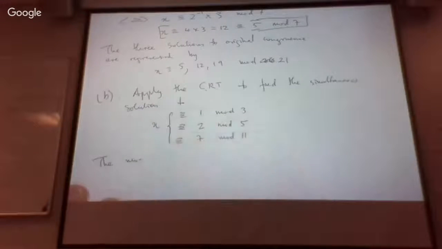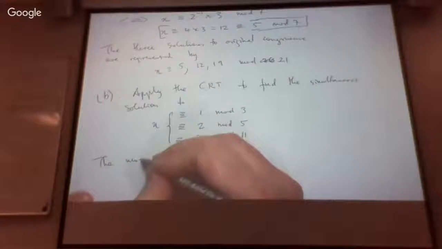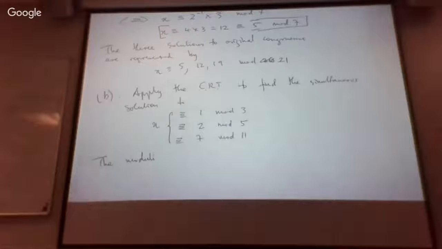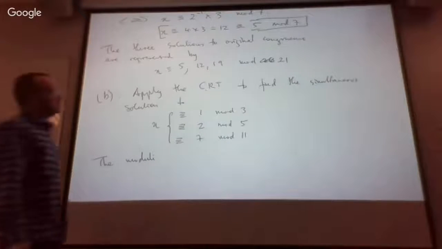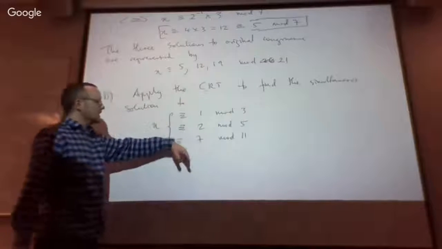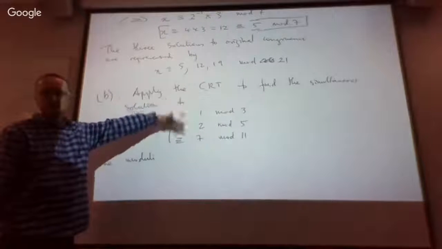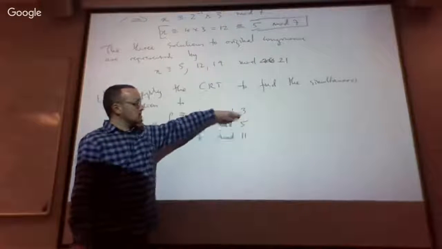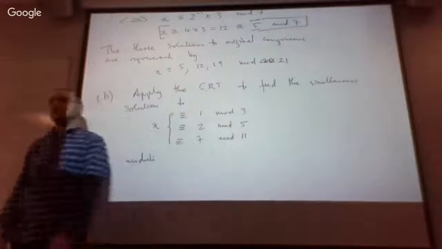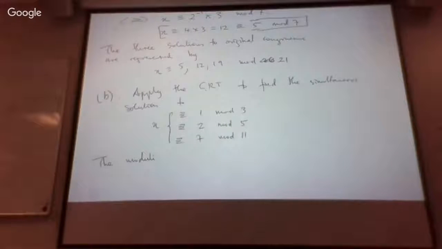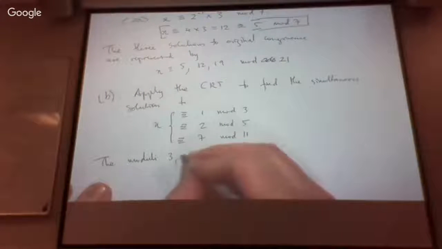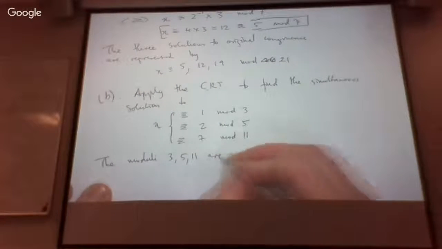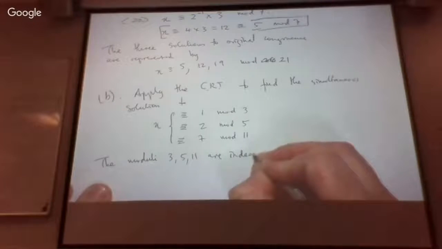Again, the specification of the Chinese remainder theorem will be on the handout. And the first thing you need to do is just check that it's valid to apply it here. So the condition for applying the Chinese remainder theorem, you can always apply it to sets of congruences like this, as long as the moduli are pairwise co-prime. That was the condition. So the moduli 3, 5, and 11 are indeed pairwise co-prime.